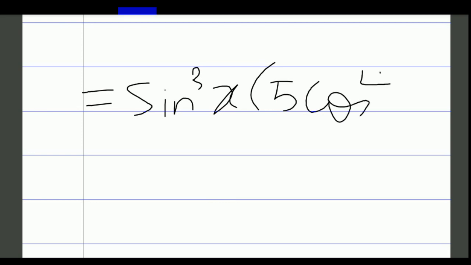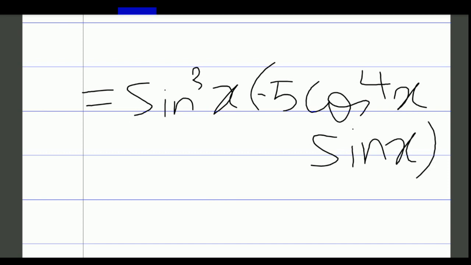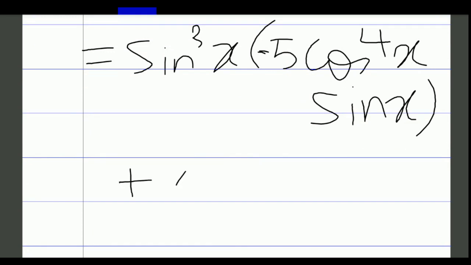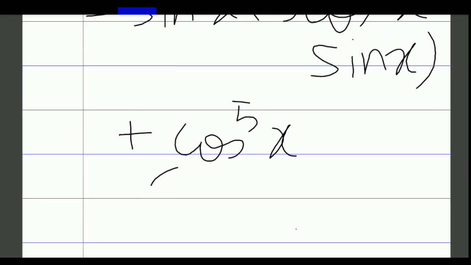So the final answer would be sin cube x into minus 5 cos raised to 4x into sin x, plus cos raised to 5x into 3 sin square x into cos x.